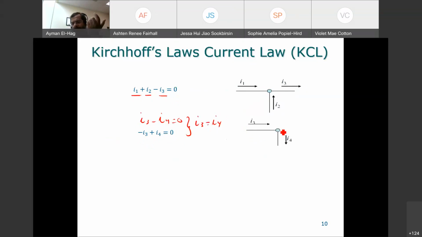Current entering equals current leaving. So it doesn't really matter how I express it, but you have to be consistent. In any node, you have to be consistent. If you assume that the current entering the node is positive, then every single current that enters the node will be positive. And every single current leaving the node has to be negative. So you need to be consistent. This is the only thing that you need to pay attention to.